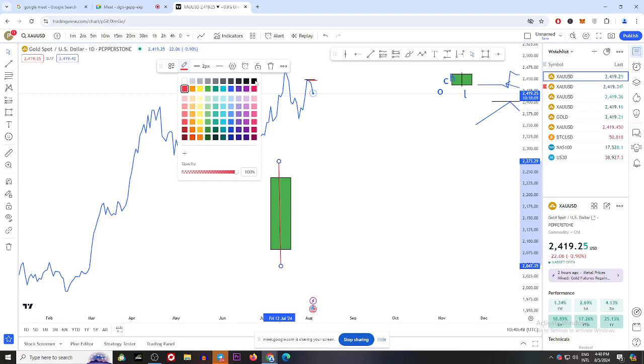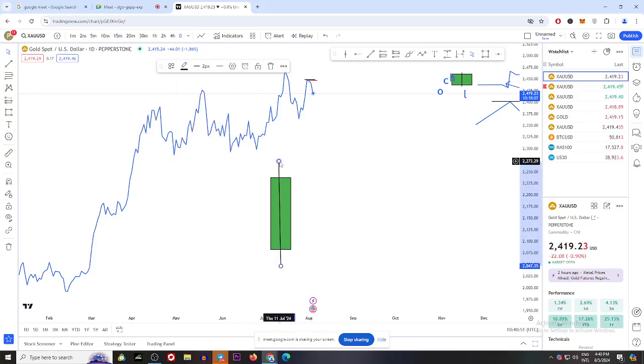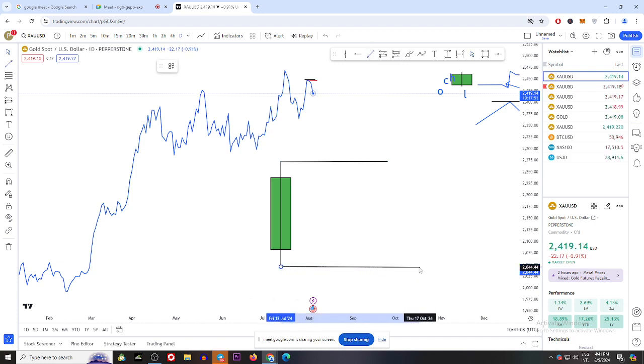So whenever we have a green candle, what is the combination we are going to think of? Red candle. So this is the green candle high, and this is the green candle low. As I said, in all of the combinations, when it is a green color, we are going to look for the combination of the red color.